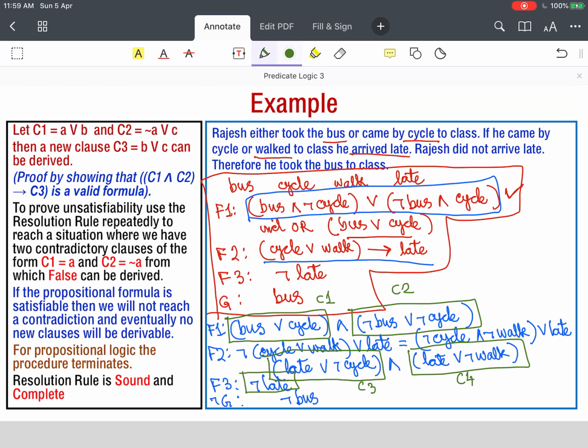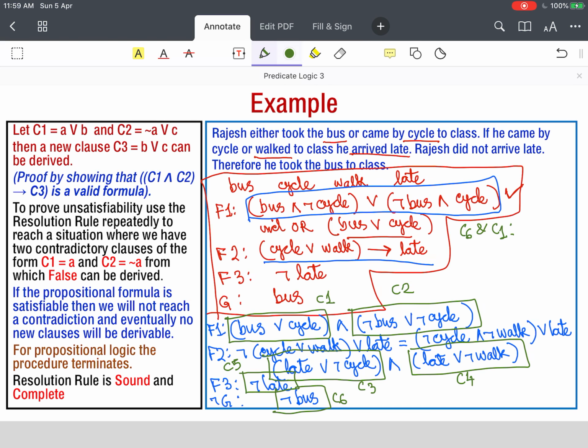The fourth clause, C4, is this. The fifth clause, C5, is this. And the sixth clause, C6, is this.